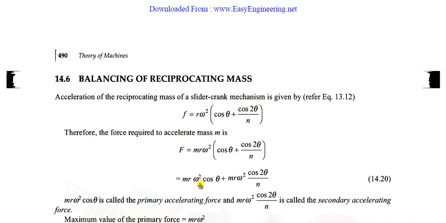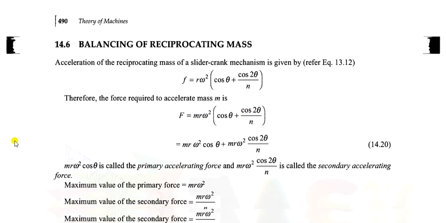This force has two parts: mr omega square cos theta plus mr omega square cos 2 theta by n. So here you have two forces. We call the first part the primary accelerating force and the second part the secondary accelerating force.